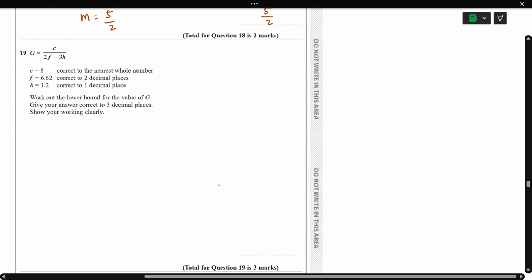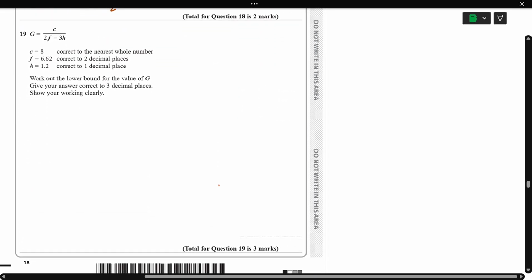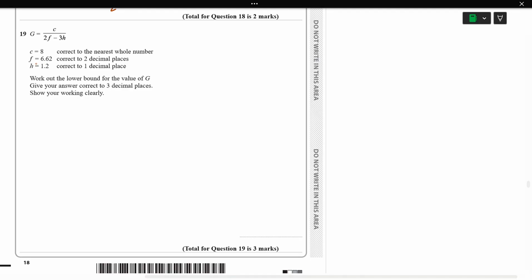Next question, G equal to C by 2F minus 3H. So C equal to 8, F equal to 6.62, H equal to 1.2, all rounded, the first one to the nearest whole number, next two decimal places and one decimal place.